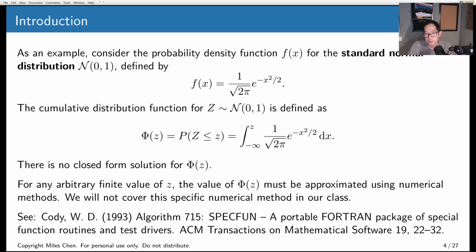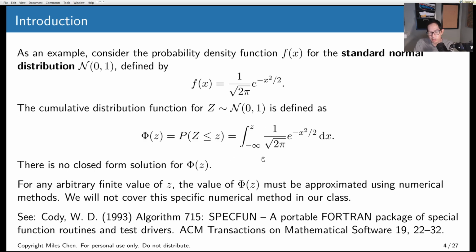So, for example, the cumulative distribution function for the standard normal distribution, that is, when you integrate the PDF of the standard normal distribution, say from negative infinity to wherever z is, there's no closed form solution for it. So I think that was probably covered in, say, Stats 100B, your mathematical stats class.